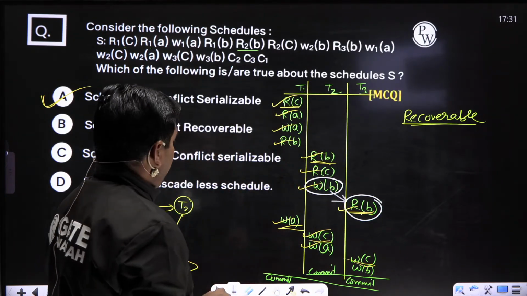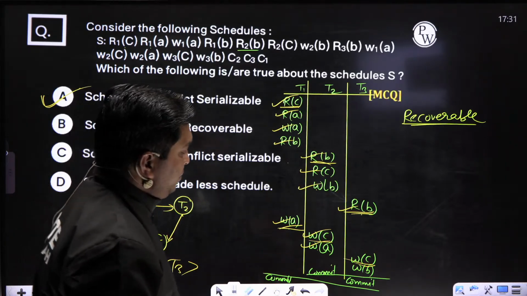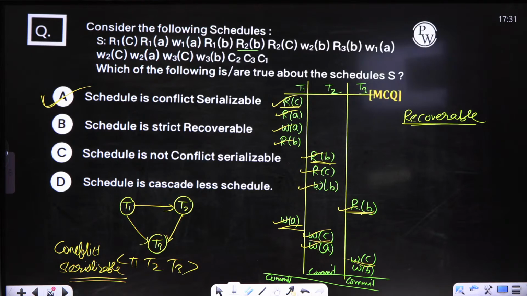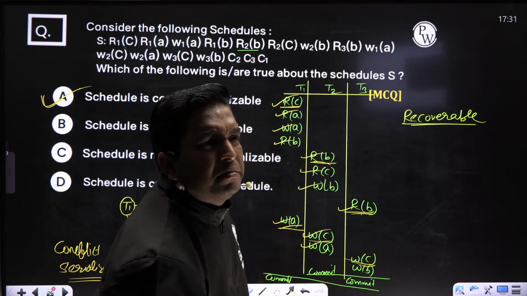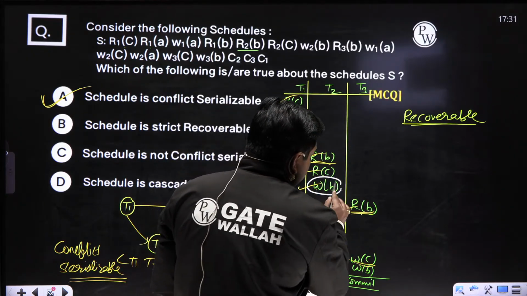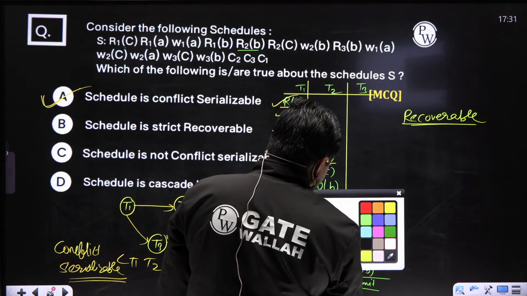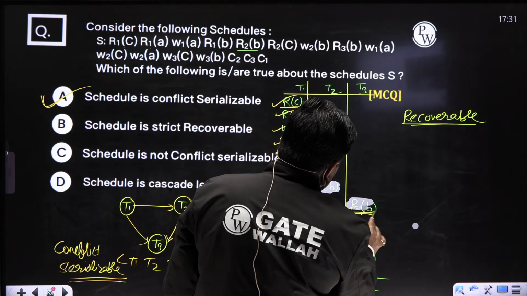Then which commit appears before? Here there is a write, here there is a read.